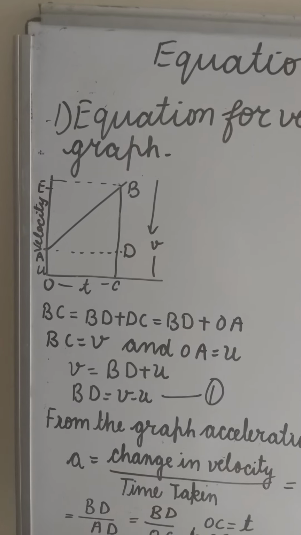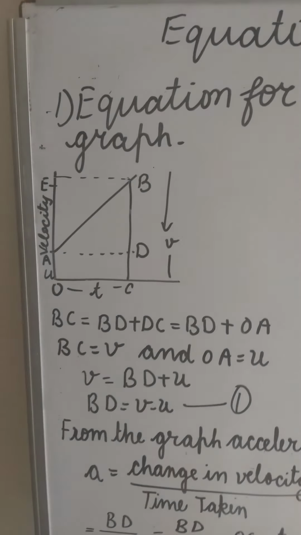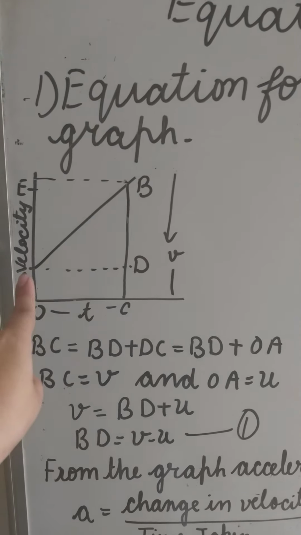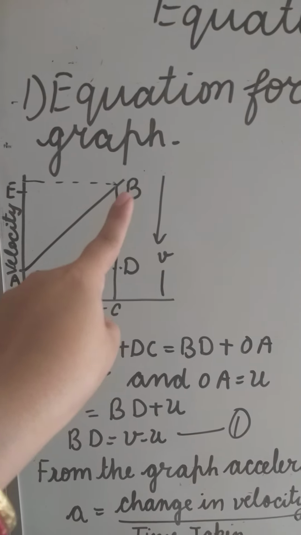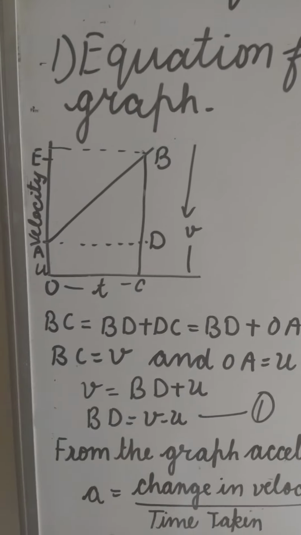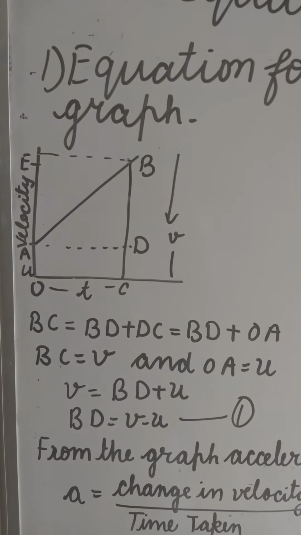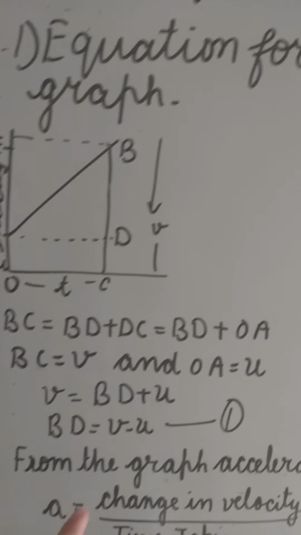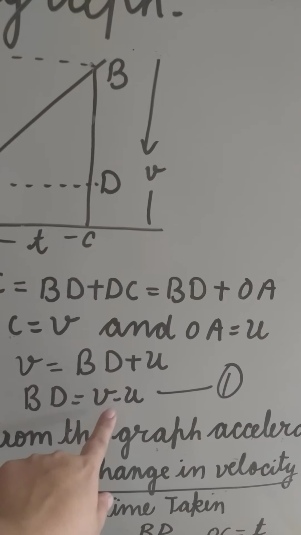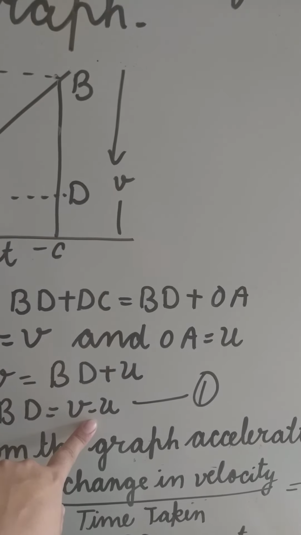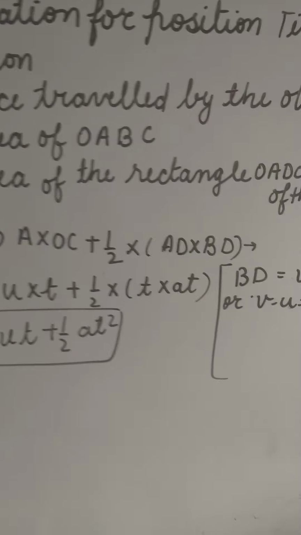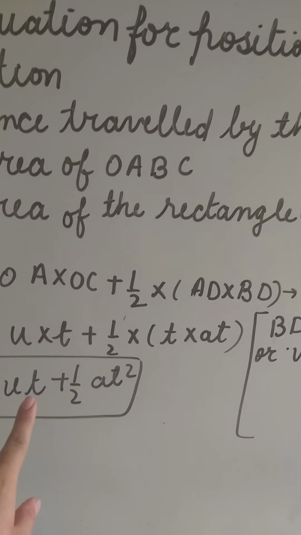What is the area of the triangle? 1 by 2 AD into BD, in the triangle ABD. And BD is equal to V minus U from equation 1 of motion. So this BD will come in that equation also. In this equation, BD is equal to V minus U will come.